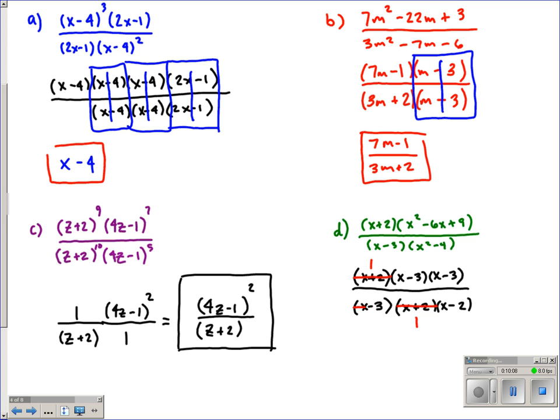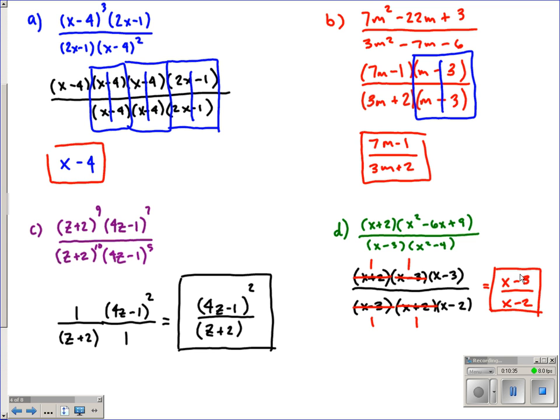And I know that I have an x minus 3 here, and I have an x minus 3 here, which makes that 1, makes this 1. And I'm left there with 1 times the quantity of x minus 3. So the quantity of x minus 3 over 1 times the quantity of x minus 2 leaves us with that. And that would be our simplified answer.